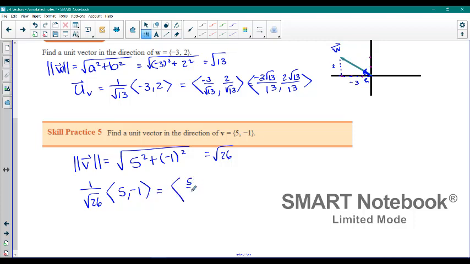And I'll have 5 over the square root of 26, negative 1 over the square root of 26, which when rationalized is 5 square root of 26 over 26, negative square root of 26 over 26.